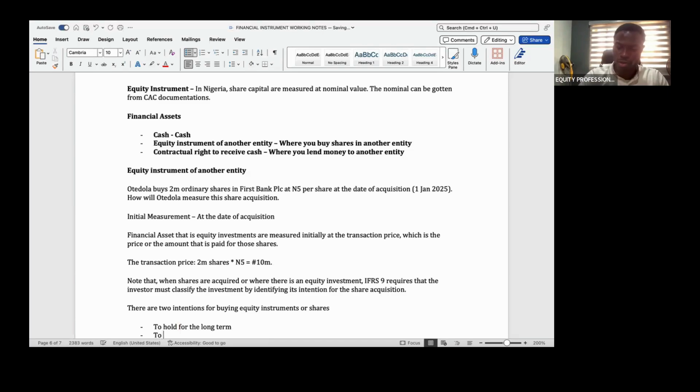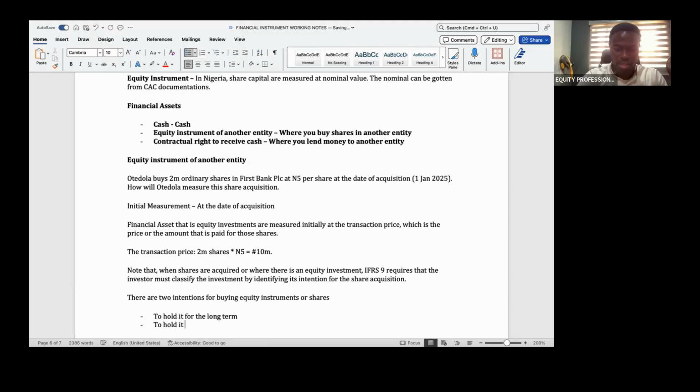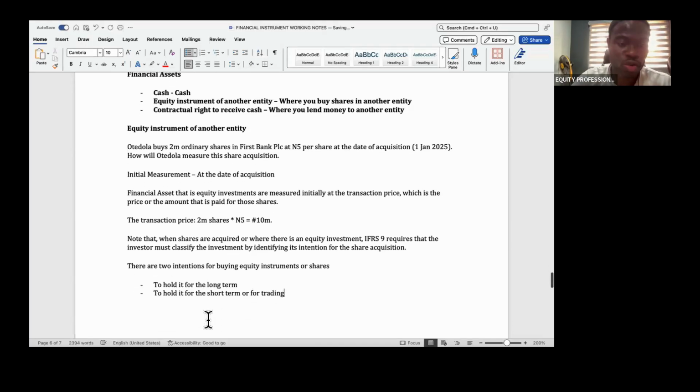Number two, to hold the shares for the short term or for trading. These are the two intentions.